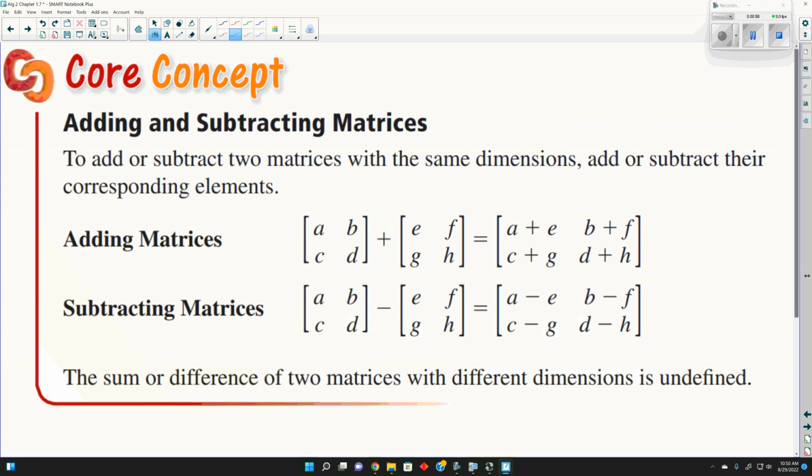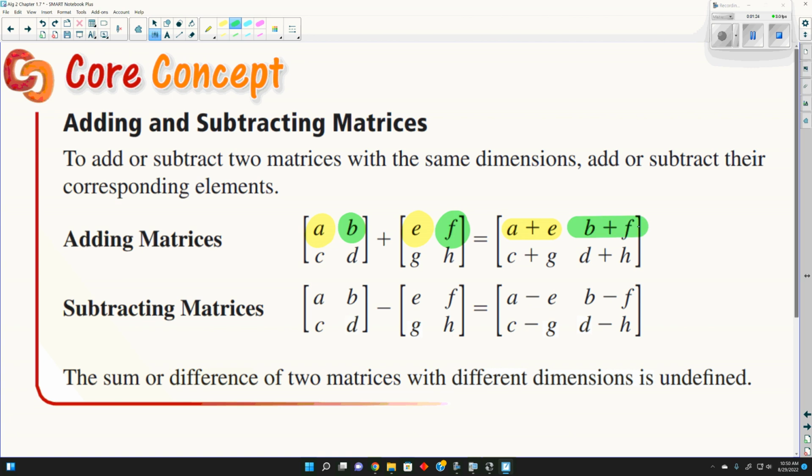So if we have two matrices that are being added together, here we have a 2 by 2 and a 2 by 2. We will add the corresponding elements. A is in the top left, E is in the top left, so we'll add those two together. Now B is in the top right, F is in the top right, so we'll add those two together.